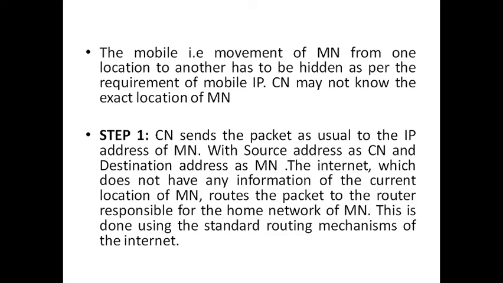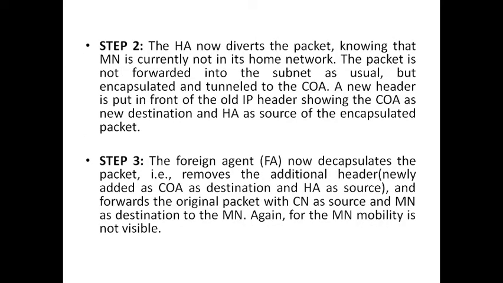So after this, what happens in the second step? Now the HA, the home agent, intercepts the packet, knowing that the mobile node is currently not in its home network.